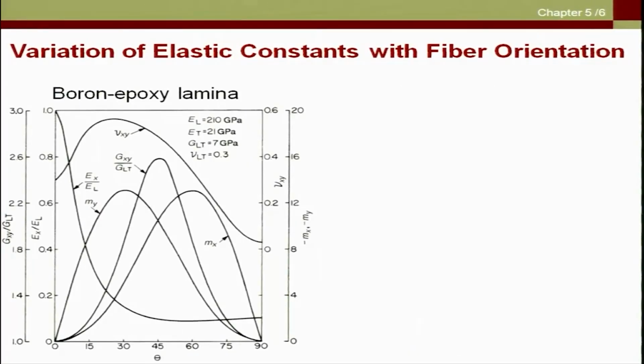What you observe significantly is that in all these situations Ex is not equal to Ey, because when theta equals 0, Ex is equal to El, and when theta equals 90 degrees, Ex is equal to Et.